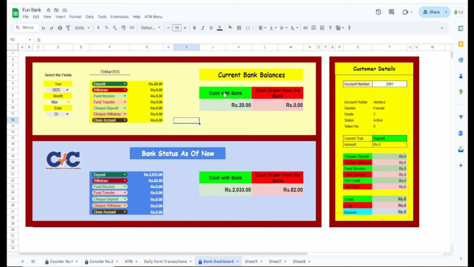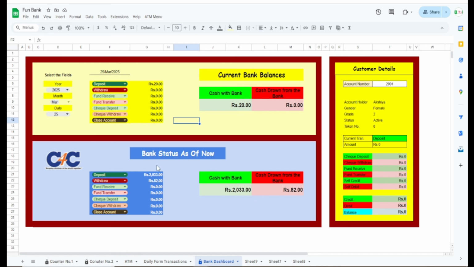On the day, how much deposits happen, how much withdrawal happened, or how much fund received, transferred, so different things. And the total cash drawn from the bank will also come here. If on a particular day you have taken any cash, that can be displayed here.